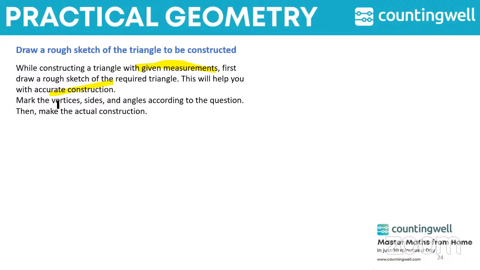Mark the vertices, sides and angles according to the question and then make the actual construction. So you will get a clear idea on which side you have to take as base and on which vertices you have to mark the given angles.